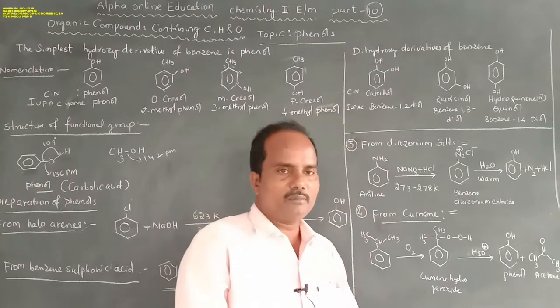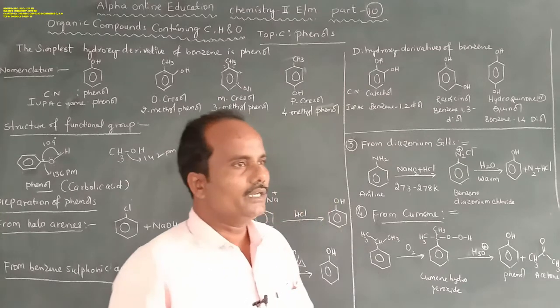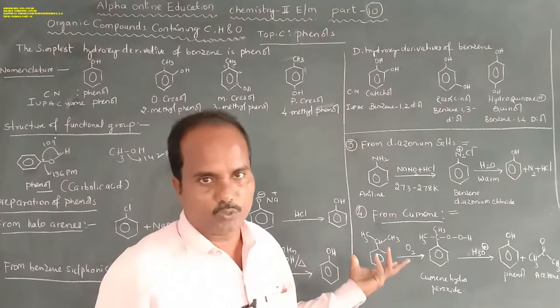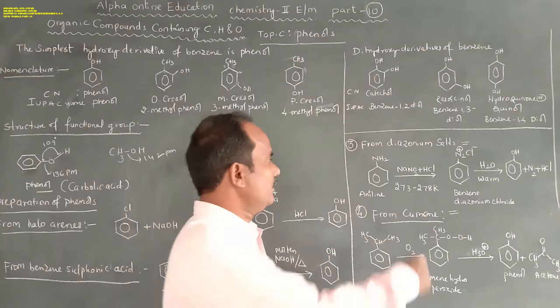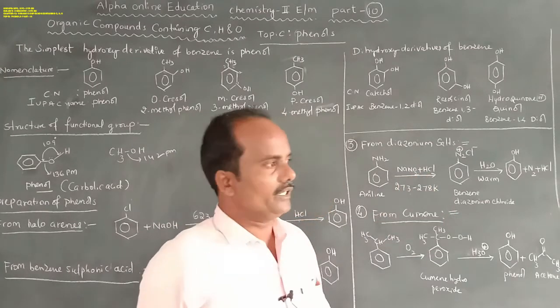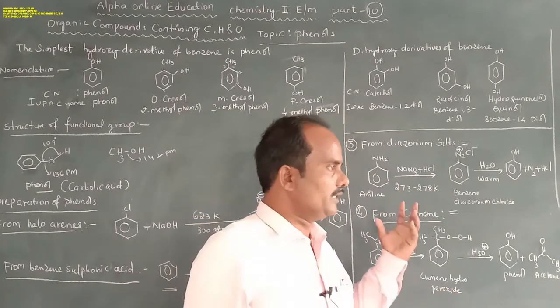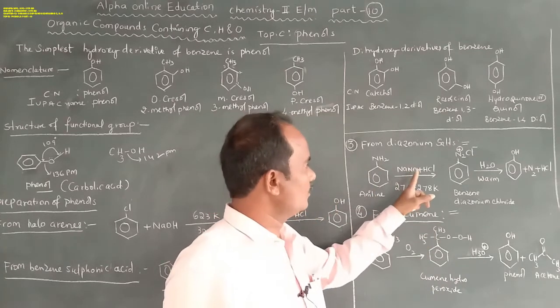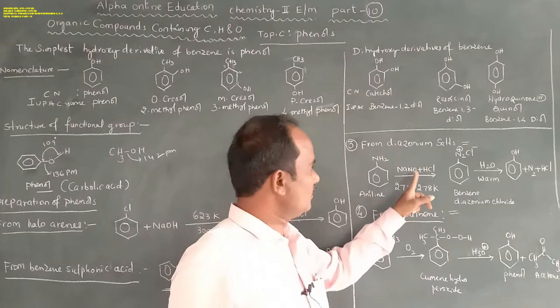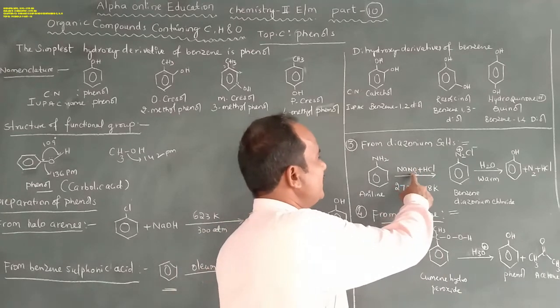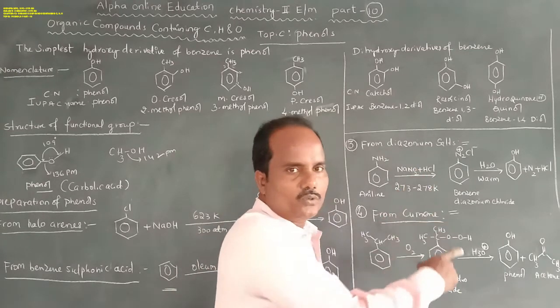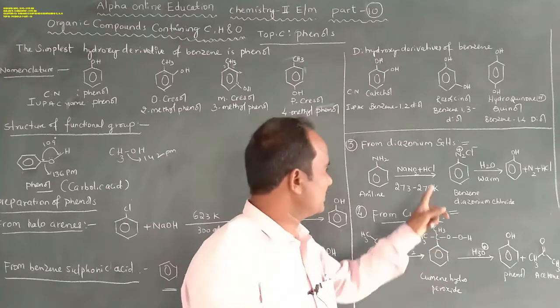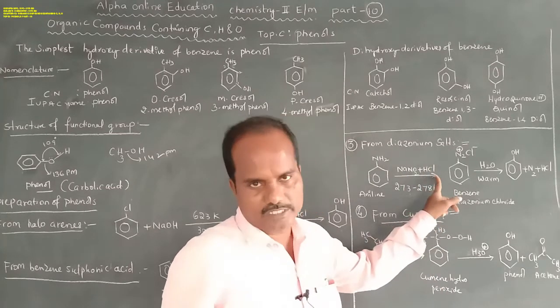This aromatic primary amine is treated with nitrous acid, HNO2. HNO2 is a very unstable compound and is not available in the laboratory. In order to prepare nitrous acid, sodium nitrite, NaNO2, is mixed with HCl, and then HNO2 is formed.